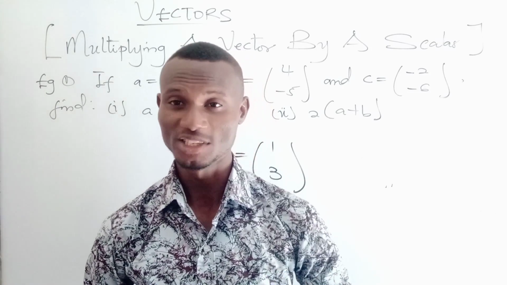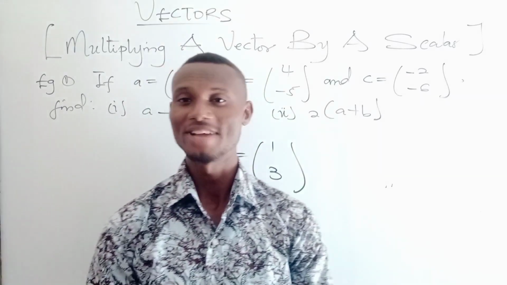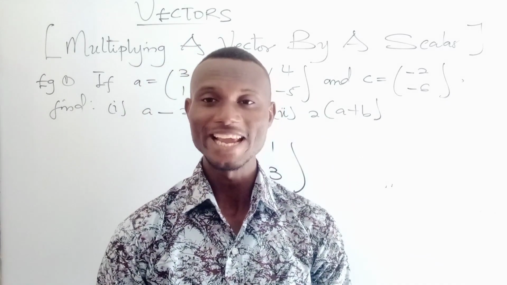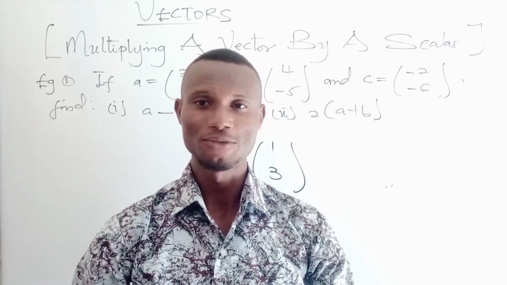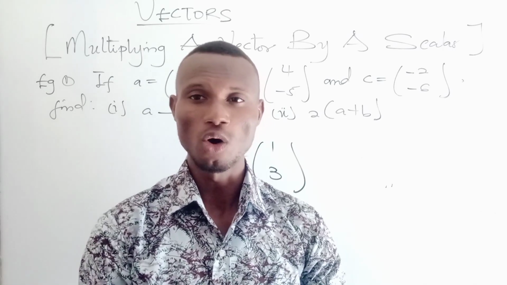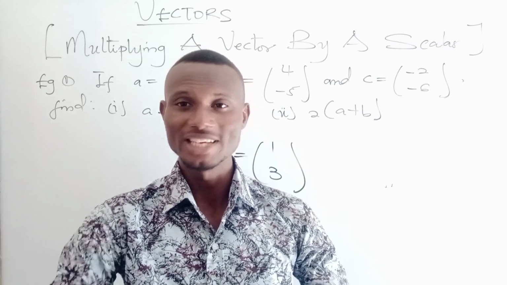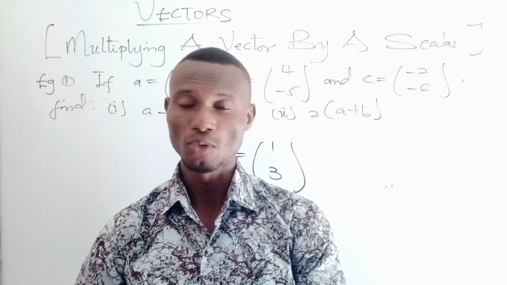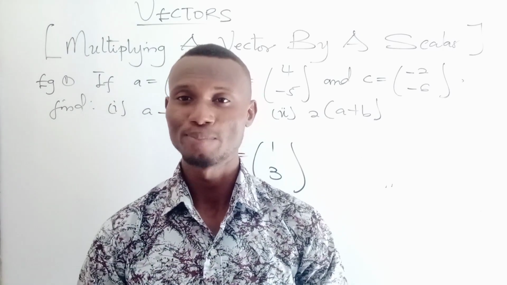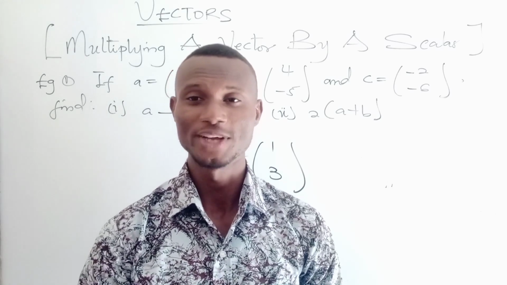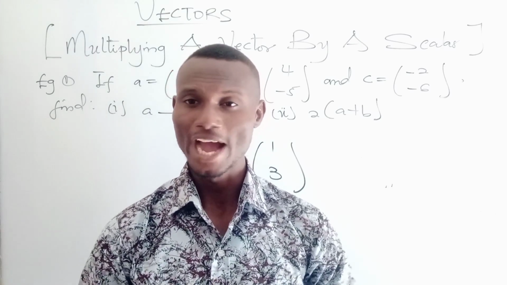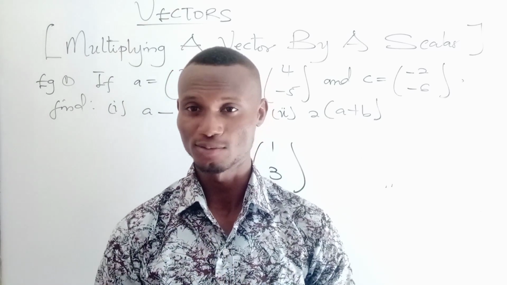I'm going to repeat it one more time: when you have a vector and any variable or number that is multiplying that vector, that is what we refer to as a scalar. I hope the explanation is clear enough up to this point.